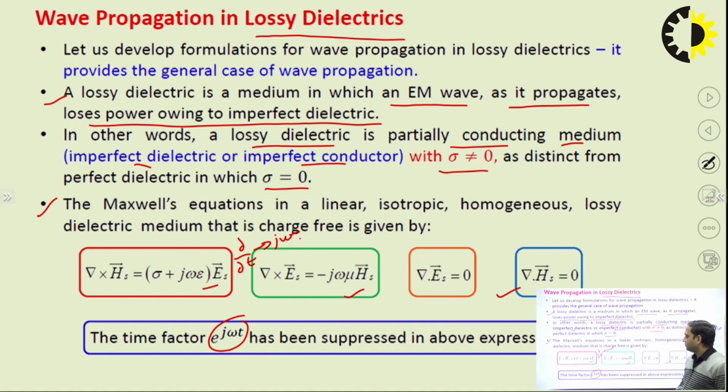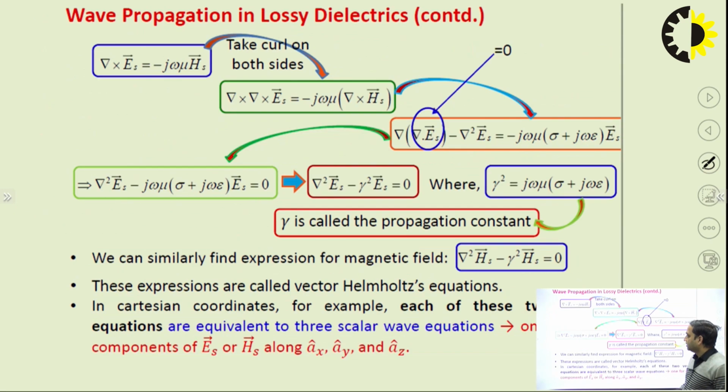Okay. So, what do we need to do? We want to find the wave equation in terms of H or the wave equation in terms of E. Okay. So, for that we have to use these two equations. We will start from this equation and put the values from here. So, we are taking del cross Es from here.